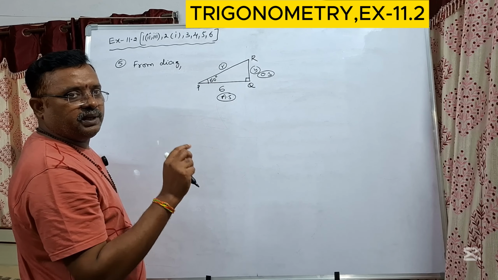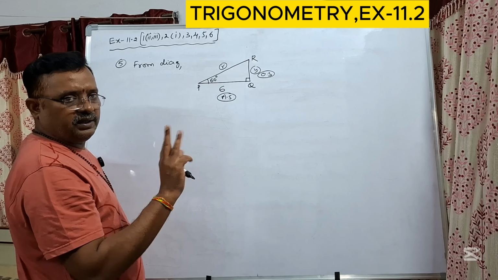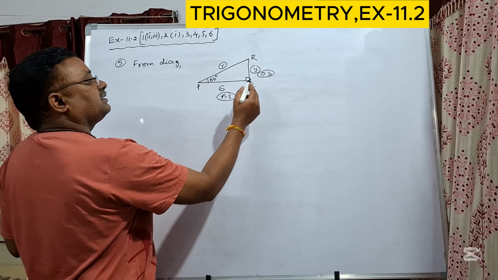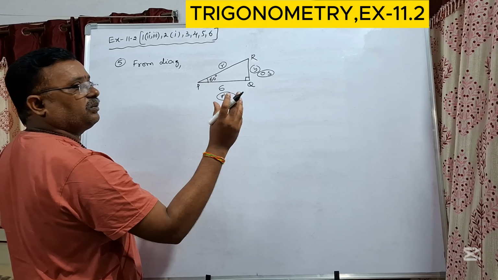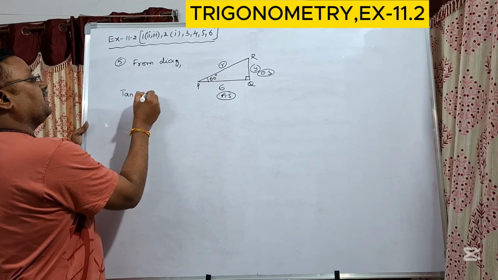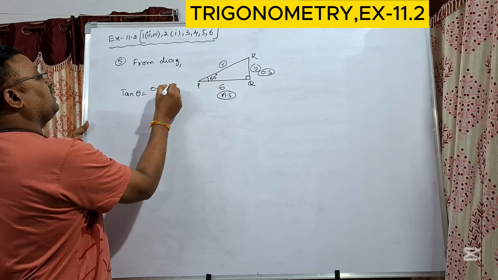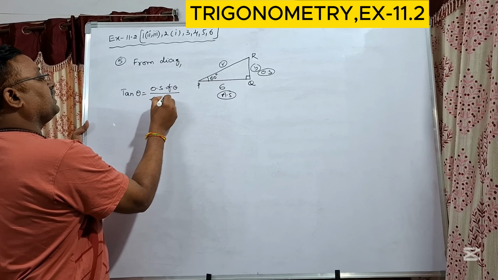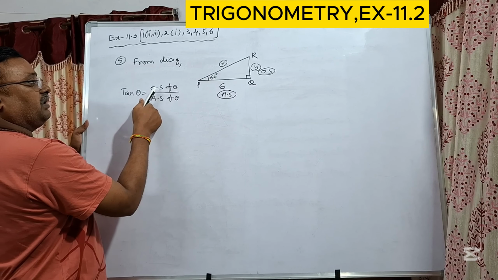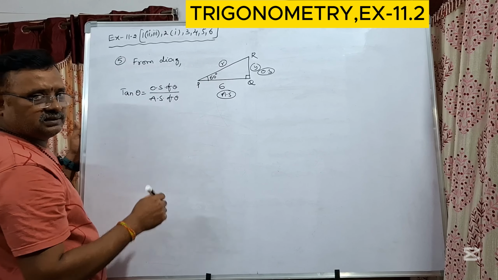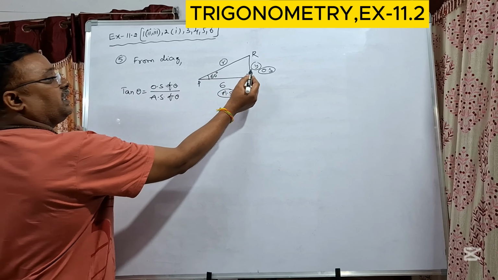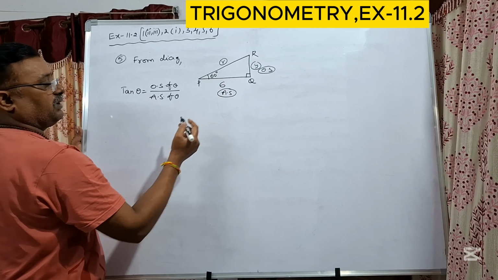Choose the appropriate trigonometric ratio. Since I know the angle and its adjacent side, and I want the opposite side, I have only one chance: apply the tan theta formula. Tan theta equals opposite side of theta by adjacent side of theta. I know theta and the adjacent side, I want the opposite side, that's why I have taken this. Understood? Very simple. Like that, tan theta is suitable to find this QR value.